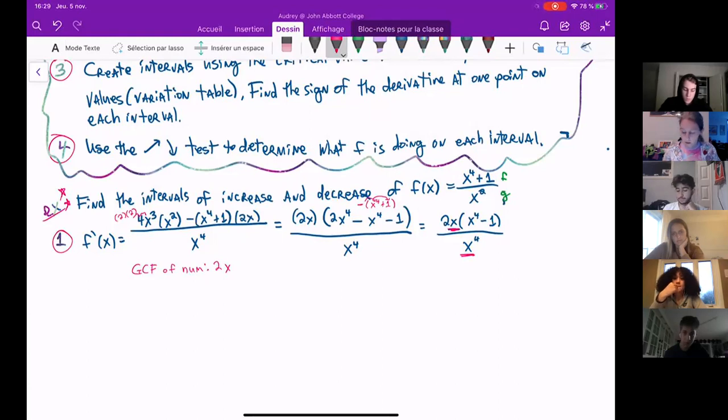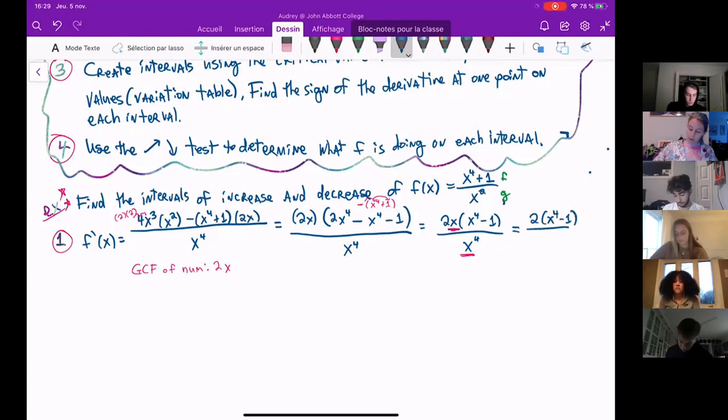I don't get why you took out the 2 after, like 2x^4. Okay, I'll explain that again in just a second. We'll redo it again in just a second. Let's finish this first, and then I'll go back and re-explain that first step, because I think a couple of you are still having trouble. So here, I have 1x on top and 4 on the bottom, so I can actually cancel 1 out. So I have 2 times x to the 4th minus 1 over x to the 4th.